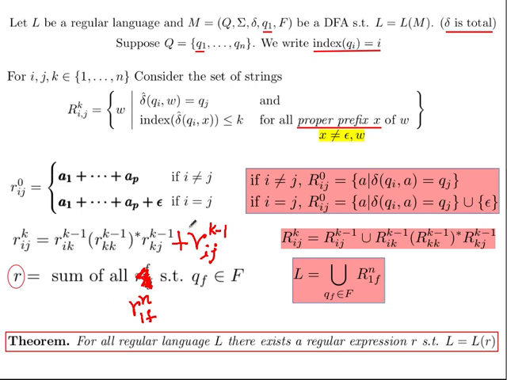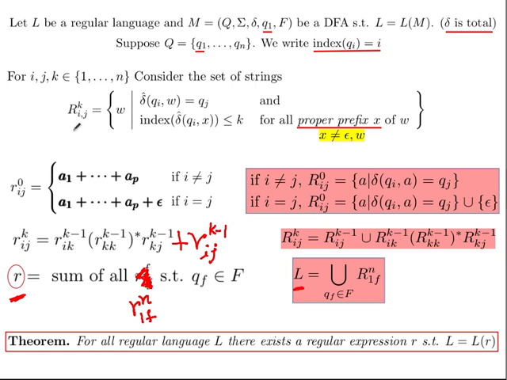Once you have constructed everything up to n, you have constructed R^n for all i, j. Now instead of taking all i, j, you just collect all the R_1f^n for all f which correspond to final states, and you take the sum of that: plus, plus, plus. That will be the regular expression which denotes this L, the given language.